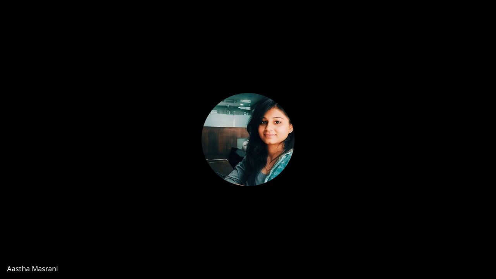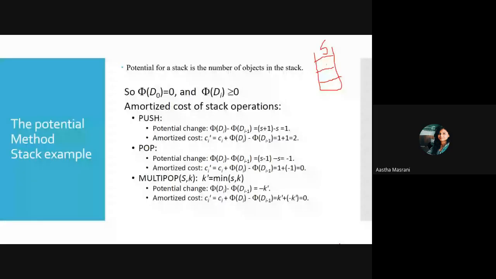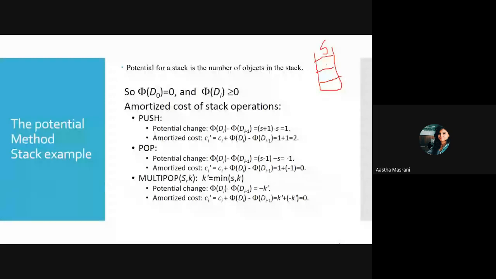Now calculating the cost for the pop operation. If we go for the pop operation, the whole cost of the stack is S. And when I remove an item from the stack, in the general form, it would be S minus 1. When I remove any element from the array, it would be S minus 1.